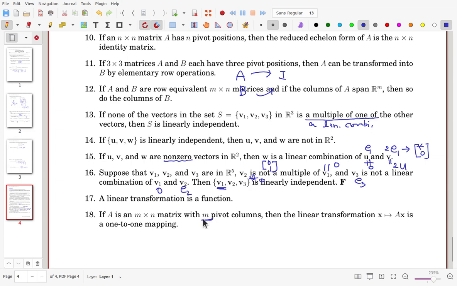So m pivots means that each row has a pivot, so the linear transformation must be onto. However, if n is larger than m, then there must be at least one free variable, so it cannot be one-to-one. So the last statement is false.